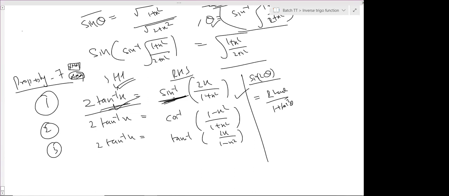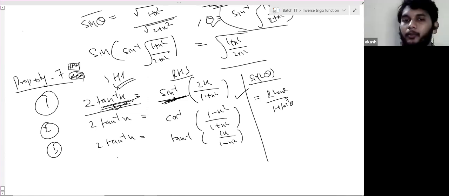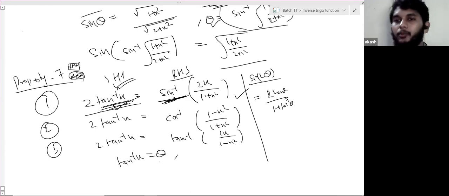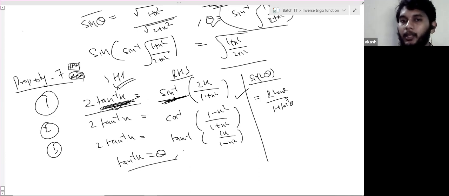Yes, sir. So always assume tan inverse x is equal to theta, because in this type of question you'll always have to assume something. Always assume the left hand side quantity, tan inverse x, is theta, and use the formula of the right hand side quantity, sine. Then you can easily prove.